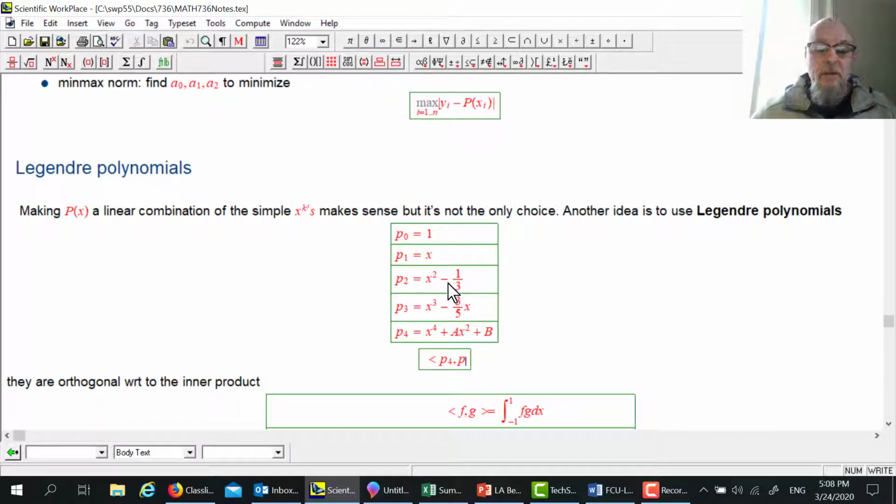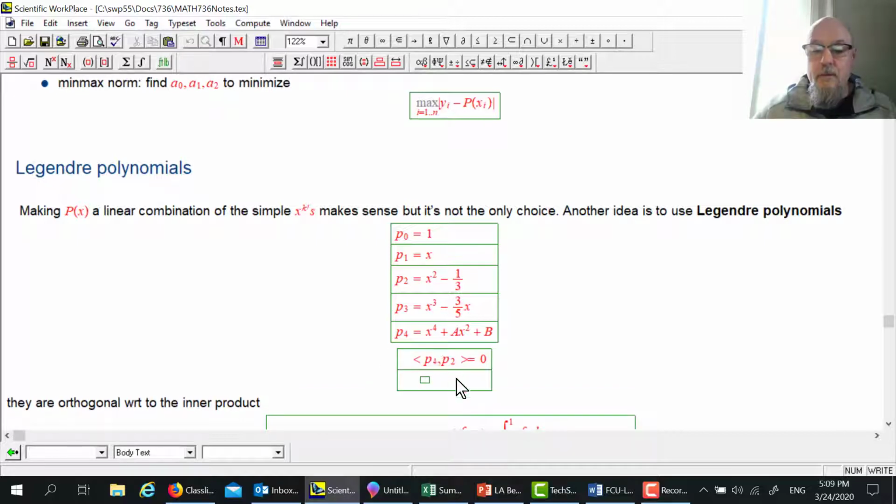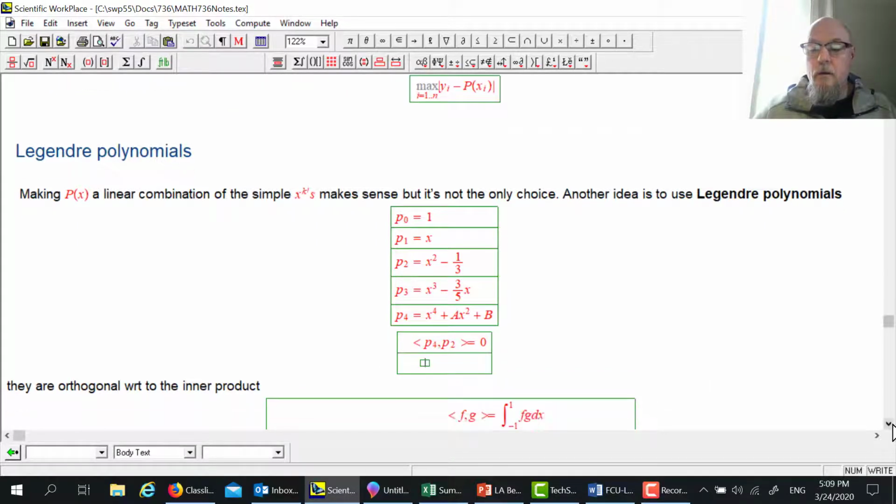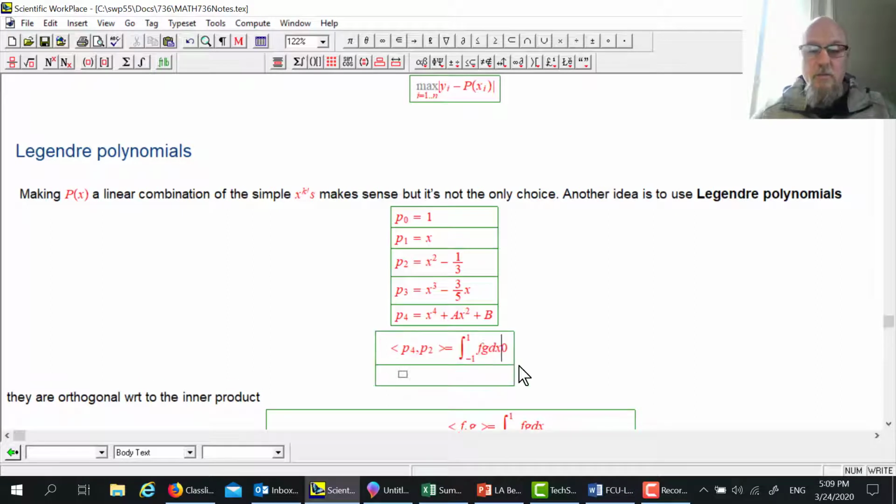So let's put in P sub 2 here. They're supposed to be orthogonal, so that has to be equal to 0. Well, okay, that means that if I'm taking the inner product of them, P4 is this polynomial.